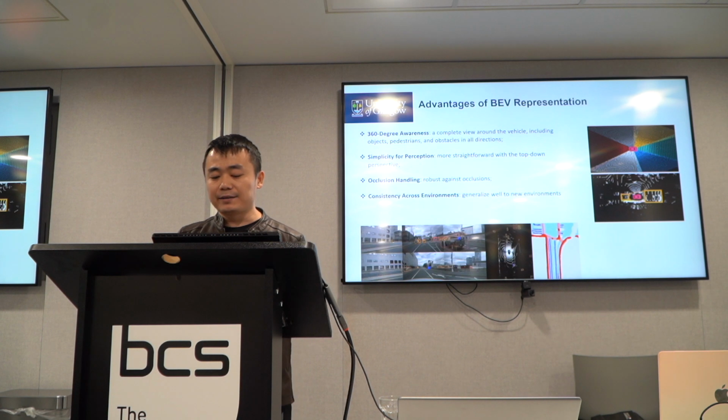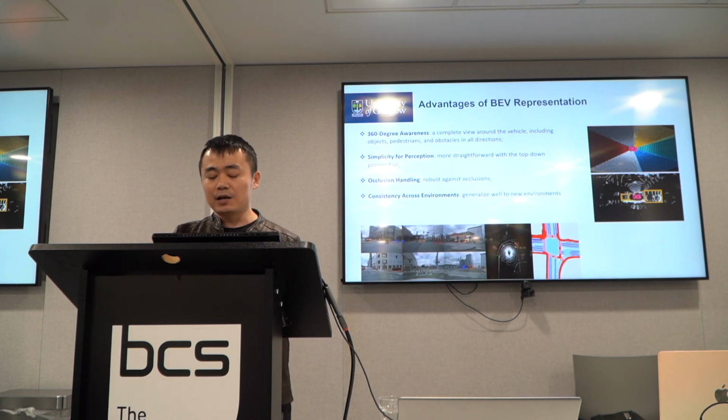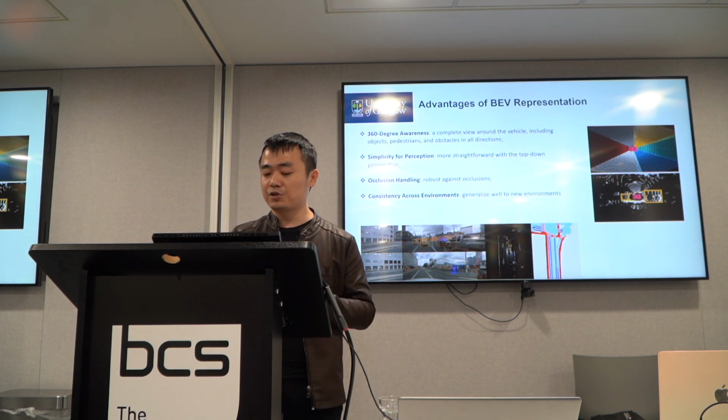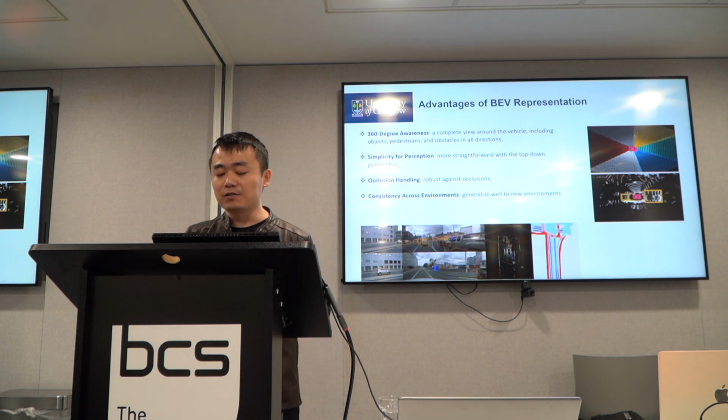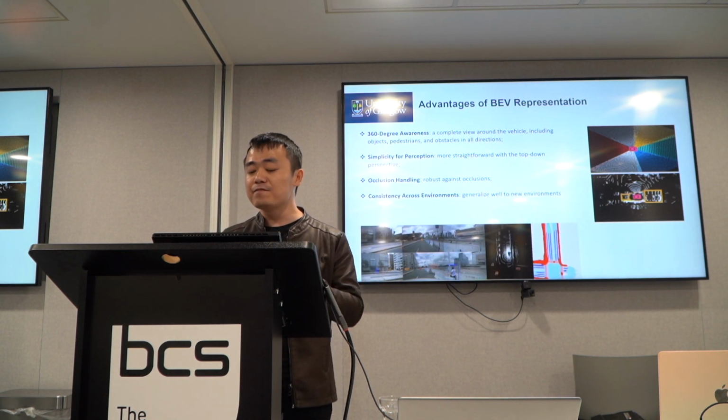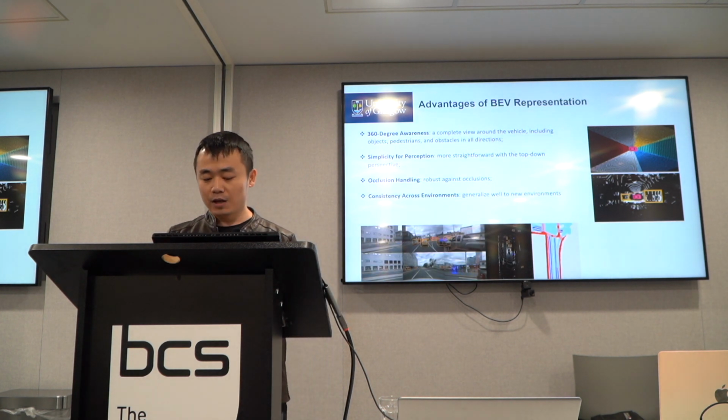Another advantage of that is the BEV representations are consistent across different environments. So a model trained on BEV from one location can generalize well to another or a new environment.